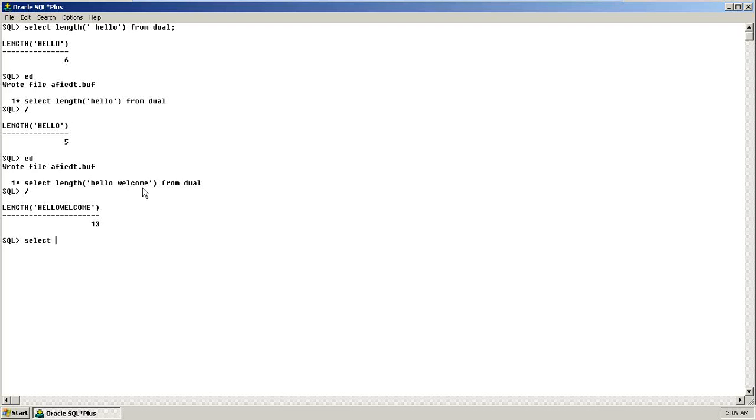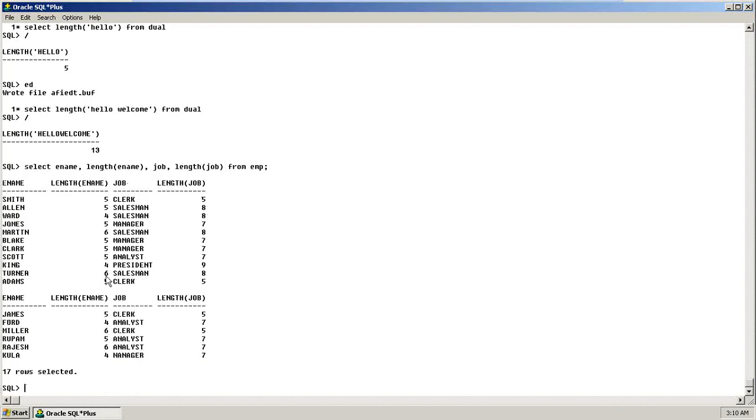Similarly, if you want to go with select ename, comma, length of ename, then job, comma, length of job from EMP, you see.